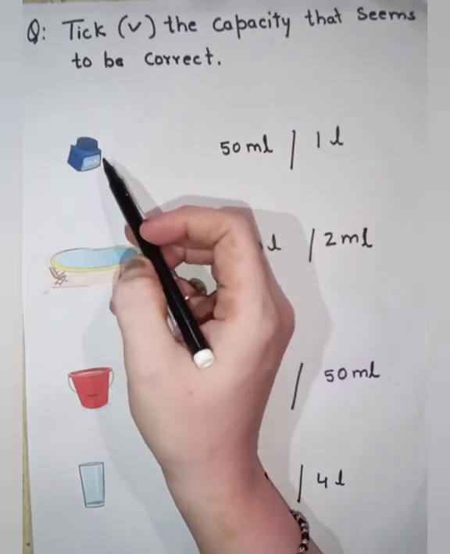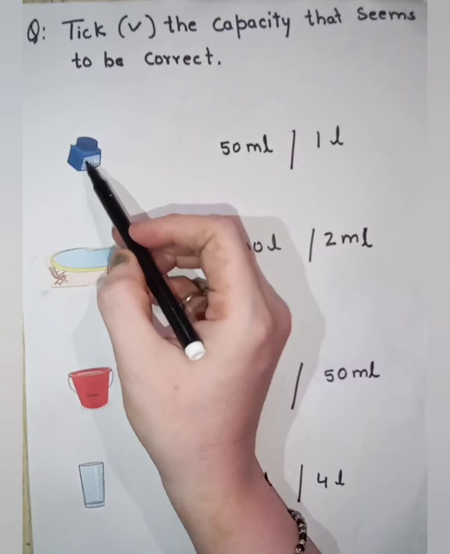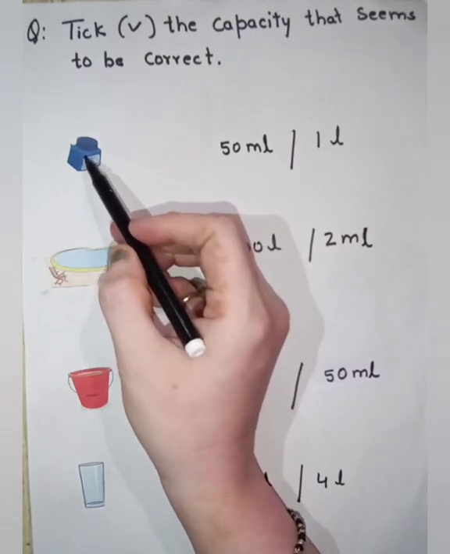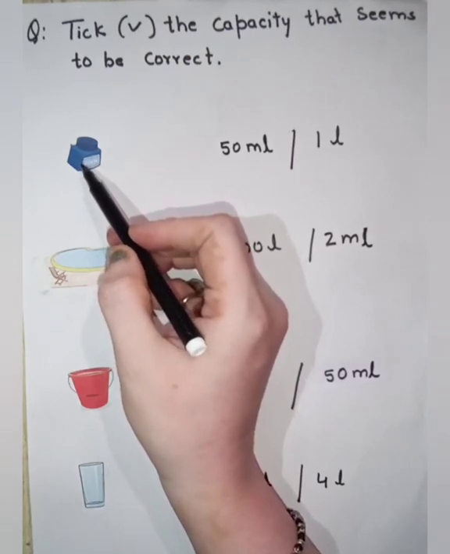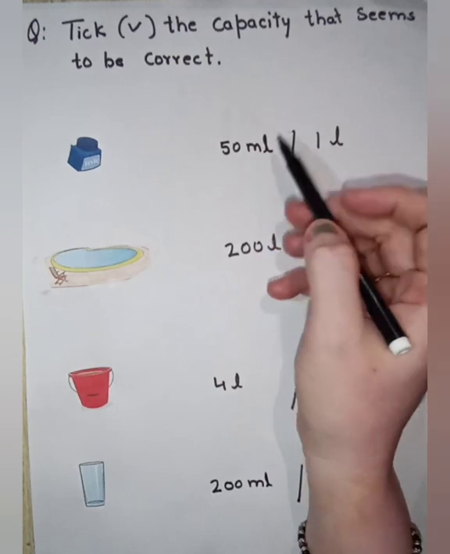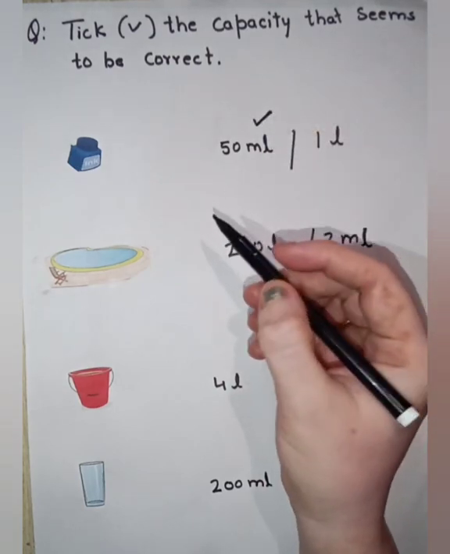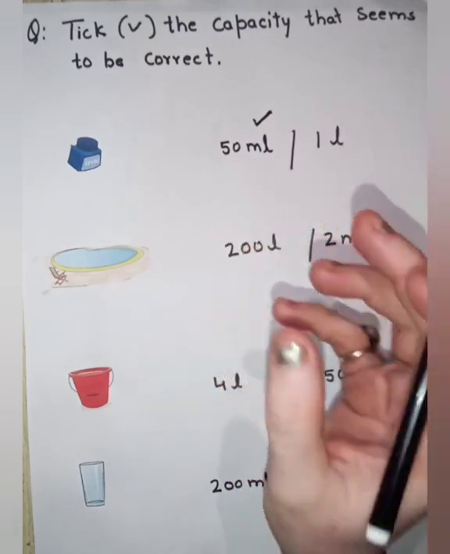First one is a bottle of ink. So, the ink inside this bottle is measured in milliliter or liter. It will be measured in milliliter because it contains small quantity.